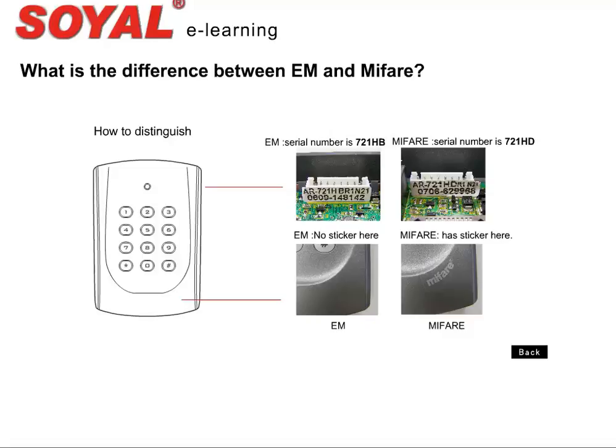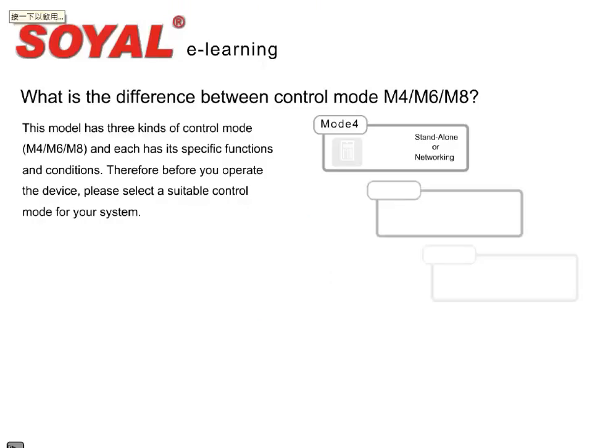And if you see the controller name on the sticker is 721HD, D means MyFair, and you will see the word MyFair, M-I-F-A-R-E, on the front cover of our AR-721H controller.